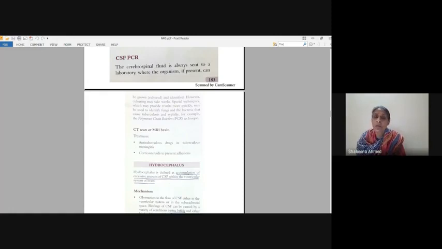So what we do is the PCR test, which is relatively faster, and we get results much quicker as compared to the culture incubation times. So CSF PCRs are sometimes used to reach the diagnosis at the earliest possible time.